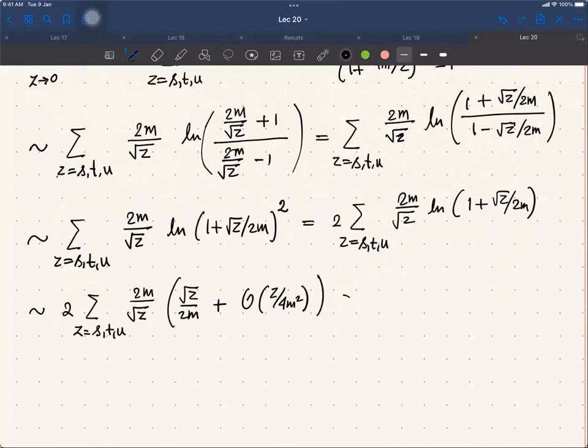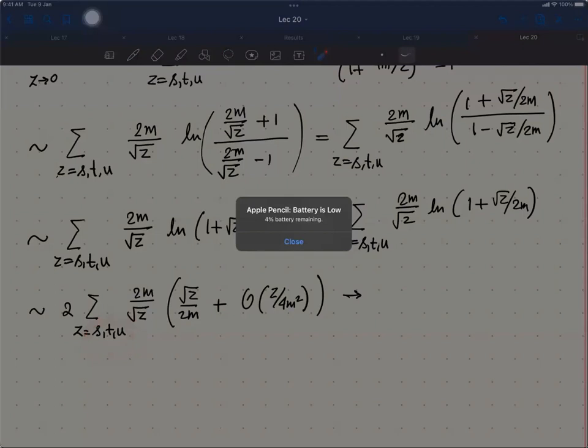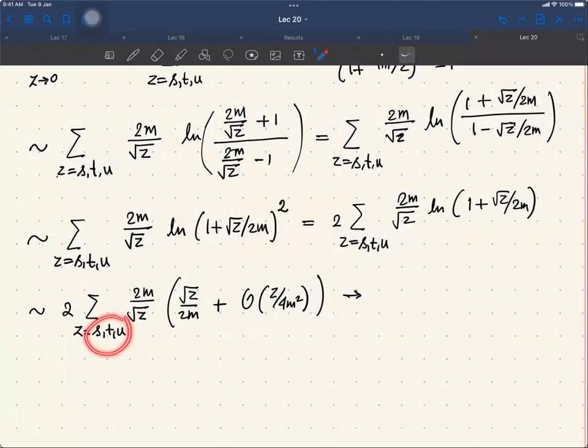And the first term, the leading term, will cancel this, leading to 1. And summation over z means there are 3 values, s, t, u. So the sum over stu of 1 will give you 3, and therefore that's 6.